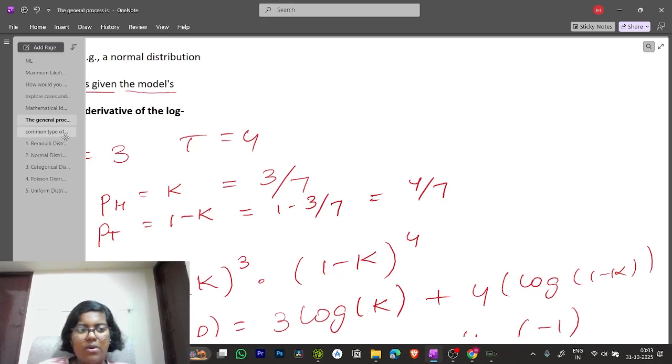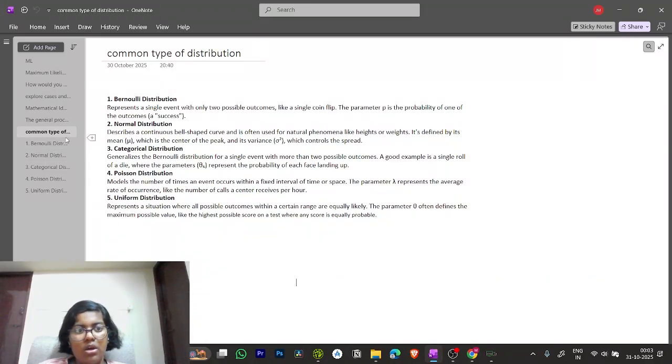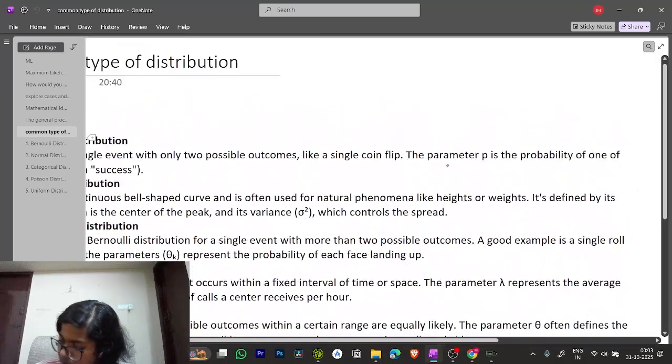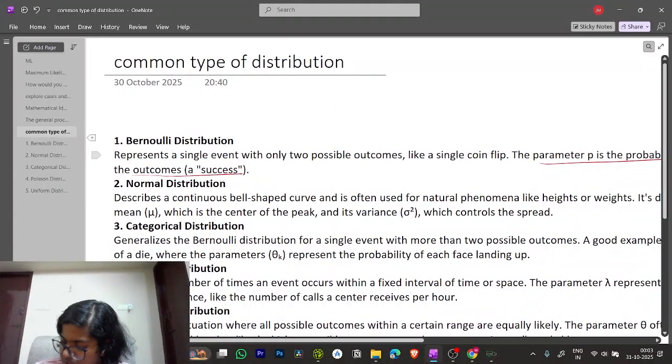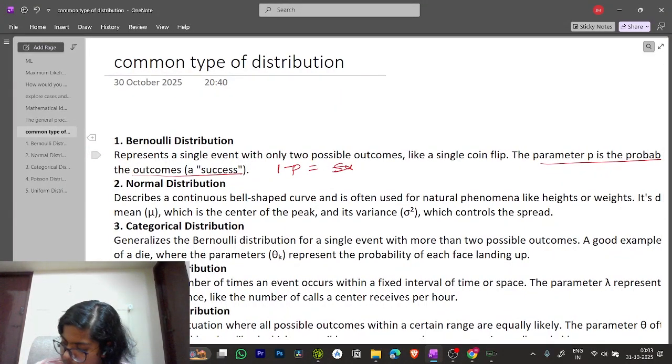So next we are going to see the common types of probability distribution. First one we have already discussed, the Bernoulli distribution. So this represents a single event where it has only 2 possibilities, like a single coin flip. The parameter P is the probability of the success outcome, and 1 minus P is failure.